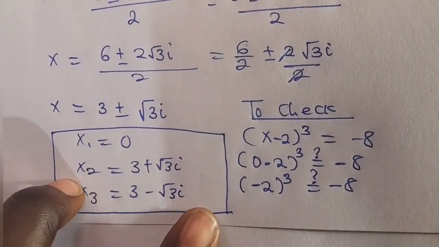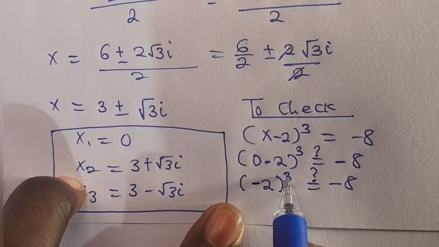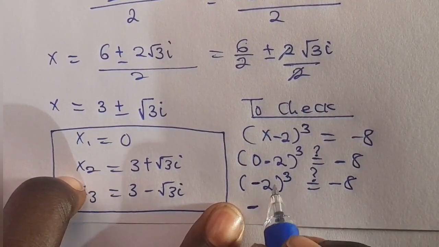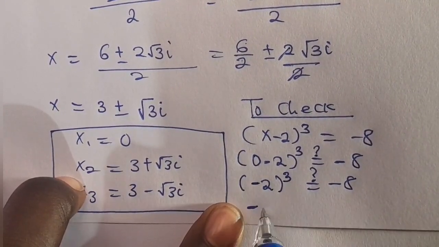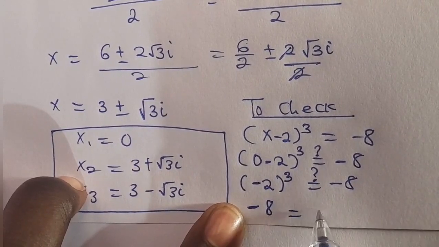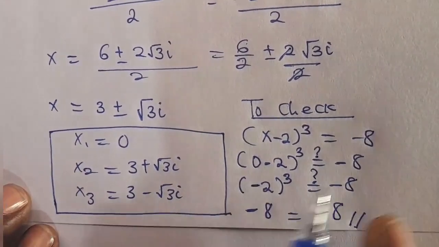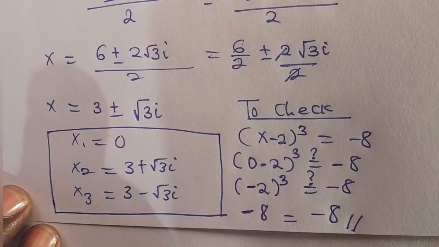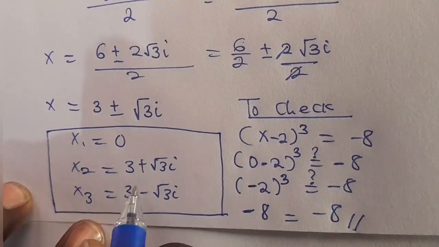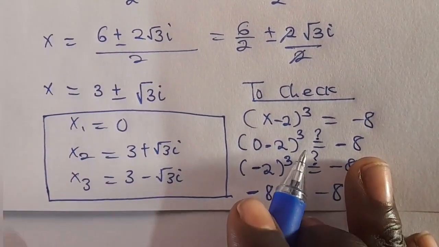Now we must notice one thing: when you have negative to the power of odd, it always gives us negative, and so 2 raised to power 3 will give us 8. So we have minus 8 equals minus 8. So that means this is true for the value of x equals 0. Now when you also check for the value of x equals 3 plus root 3 i, we are going to get the same thing.